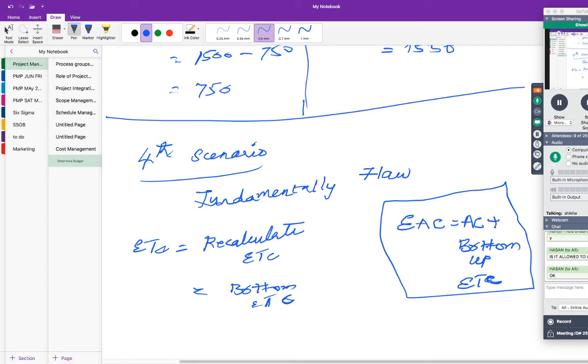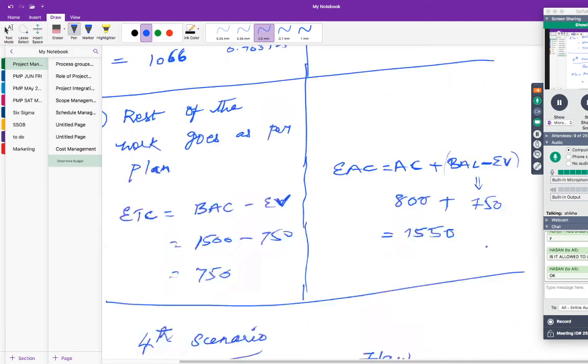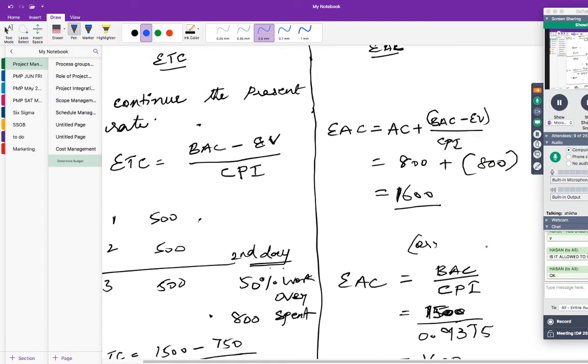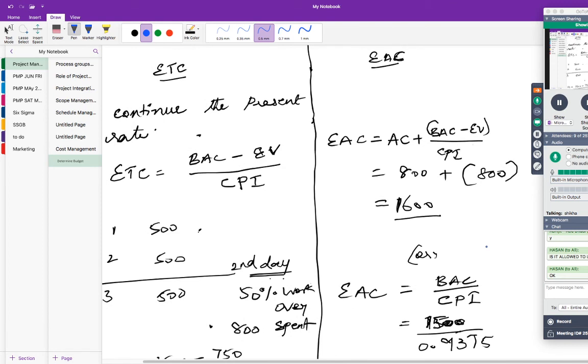All right, let me give you a small scenario. Although this is not given in your PMBOK guide, you may get a question like this. I'm not going to give you any formula.